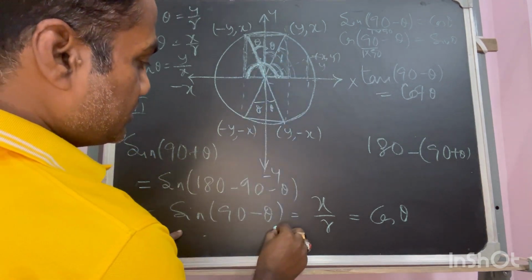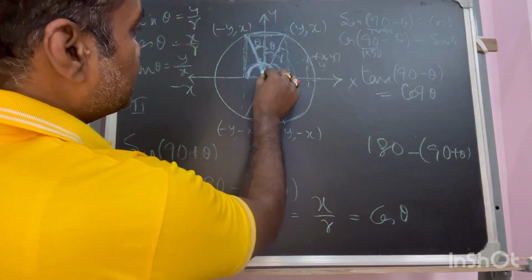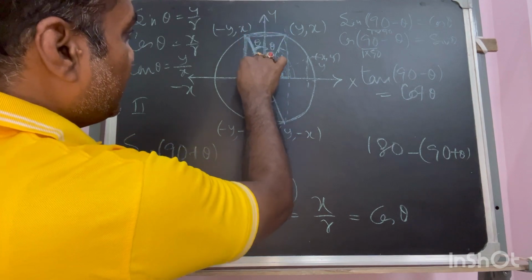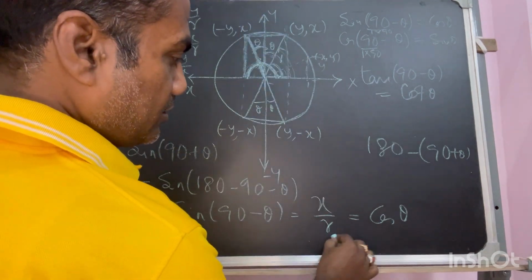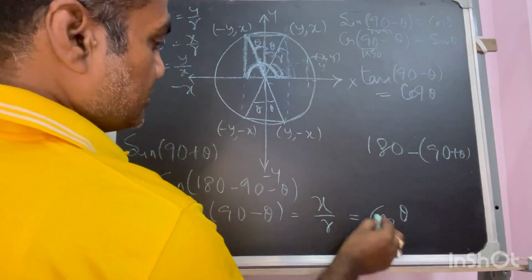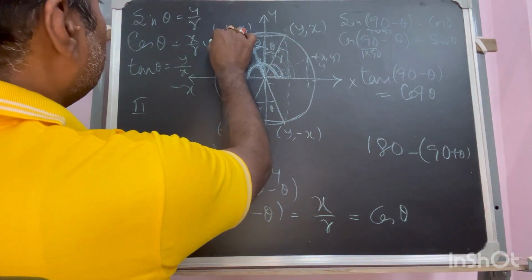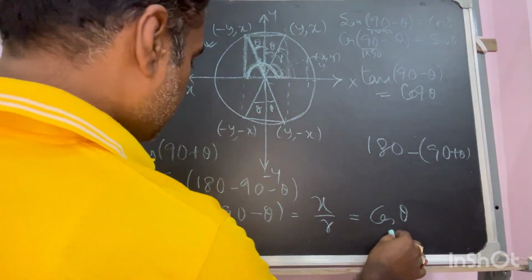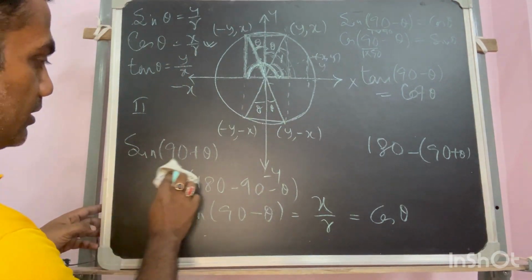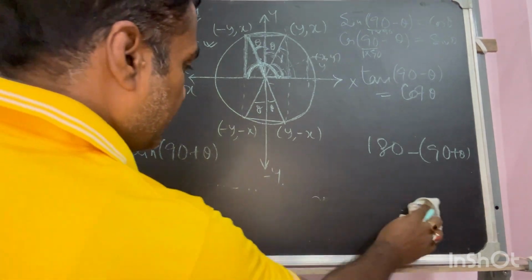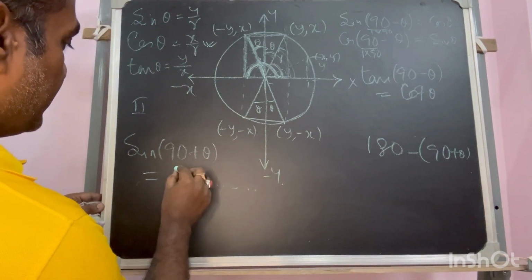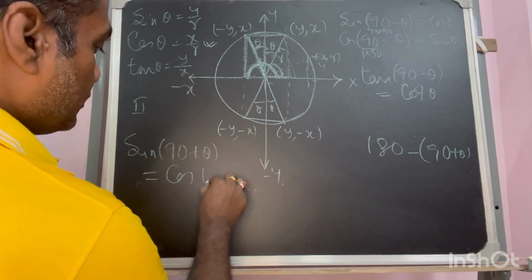So sin 90 minus theta, if I consider the sine of this angle, is equal to vertical by r, so x by r, and x by r here, in the first coordinate, is cos theta. So ultimately I can write directly sin 90 plus theta is equal to cos theta.